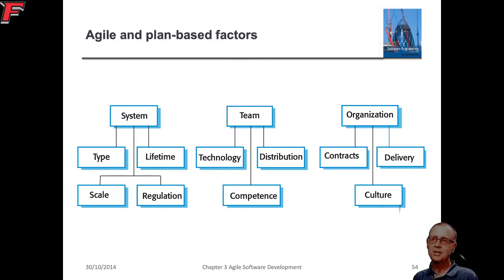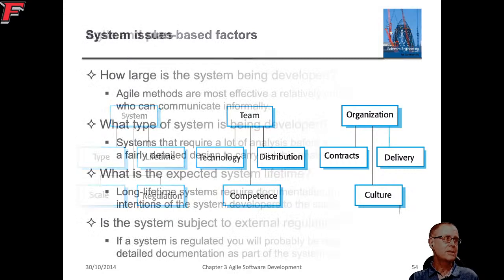Within an organization, there might be contracts, there might be delivery, there might be a culture. Within the team, there's technology, they might be distributed, they might have different levels of competence, and then the system itself might have a particular type, might have a scale, or regulations, or a lifetime.